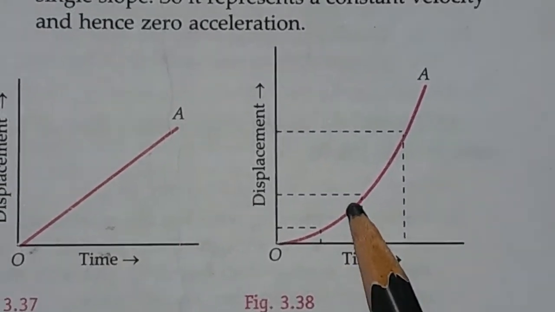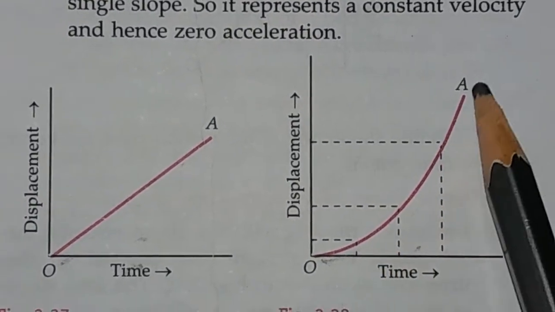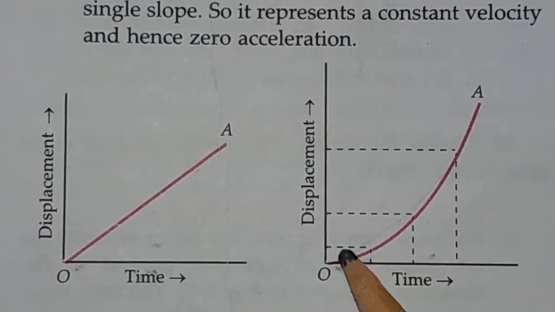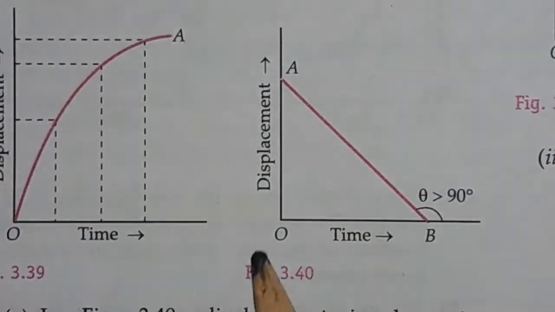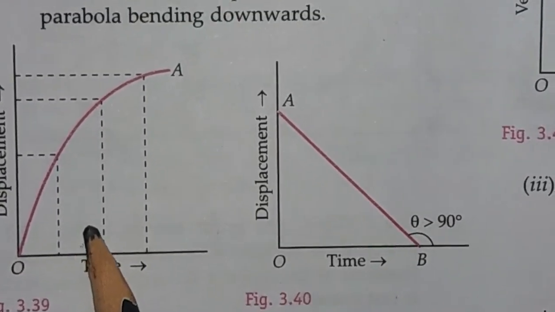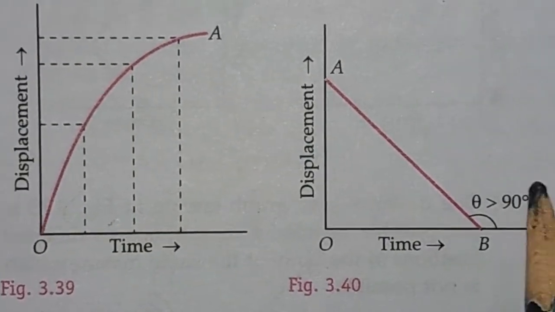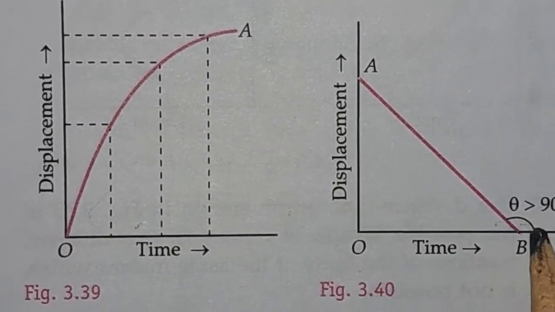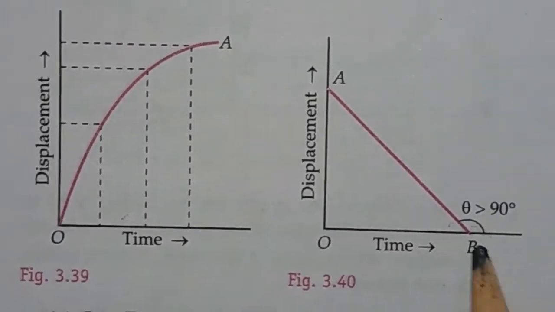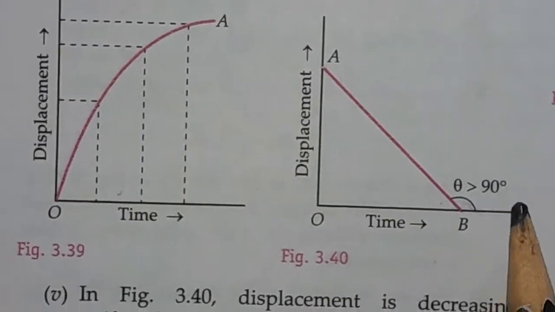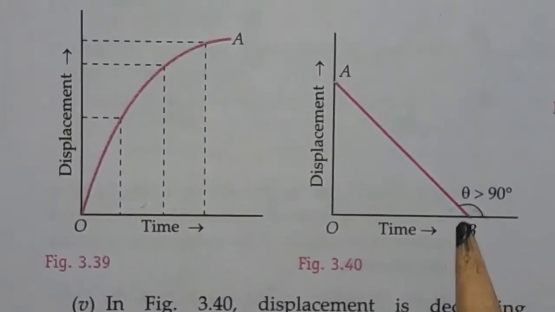This is the displacement time graph for uniformly accelerated motion and it is a parabola bending in the upward direction. These two graphs are representing decreasing velocity or deceleration. Here the slope is negative, theta is greater than 90 degrees. It is also representing negative velocity.